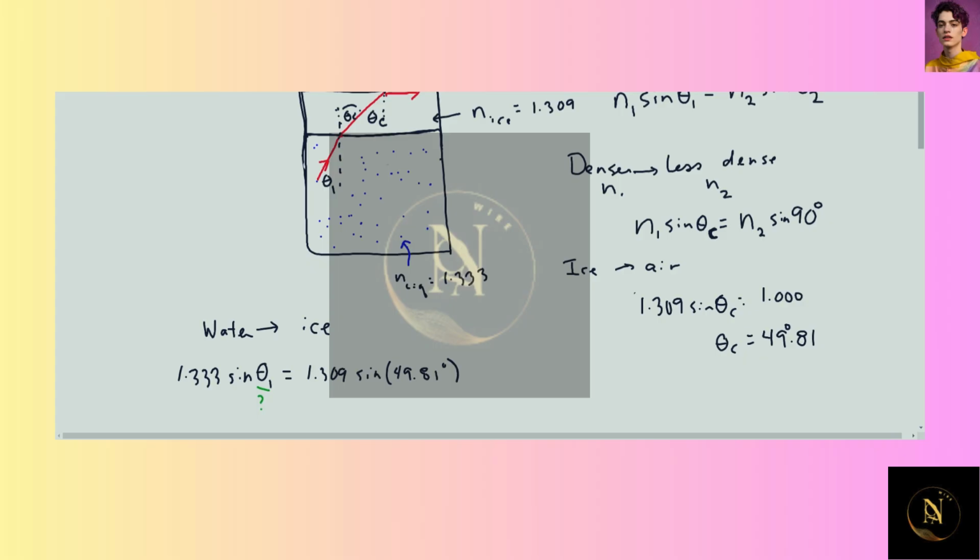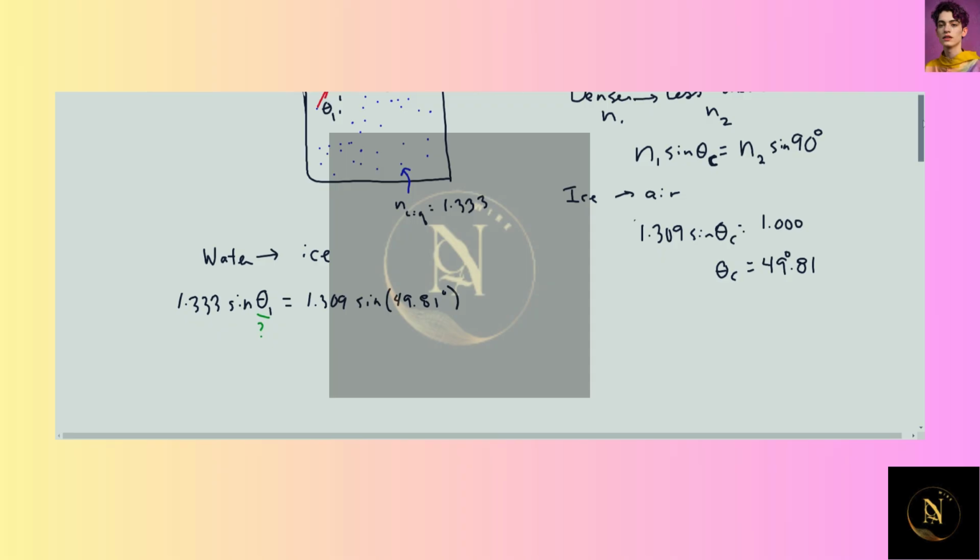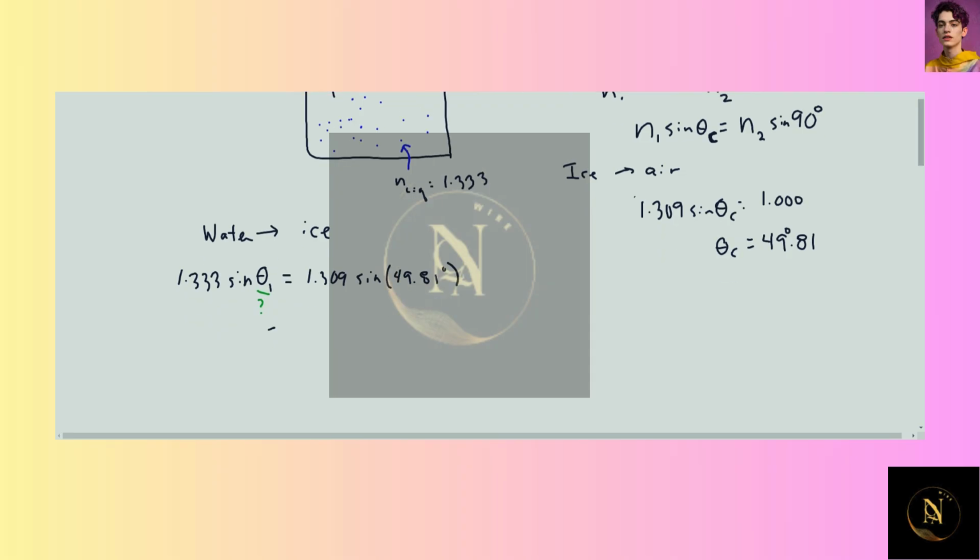Let's be sure to do that with the correct number of sig figs. And we get 48.60 degrees. Whoops. Theta 1 equals 48.6 degrees.